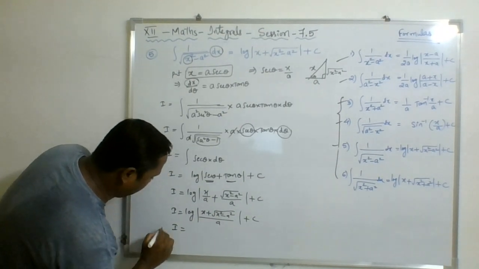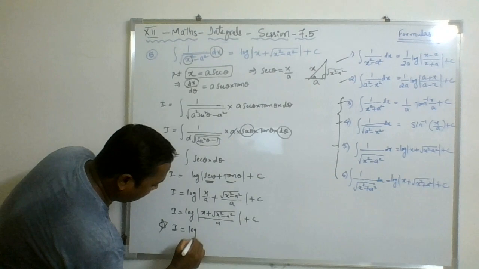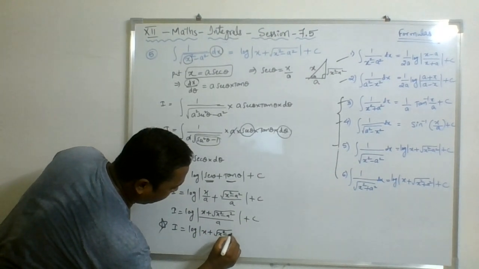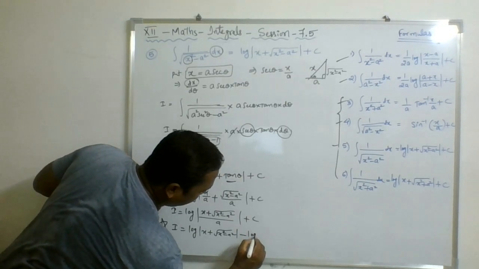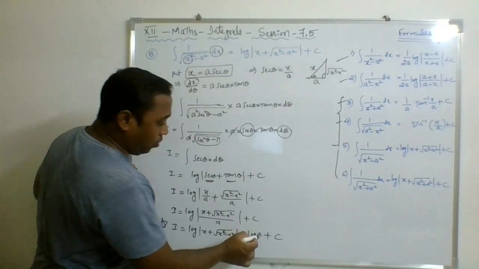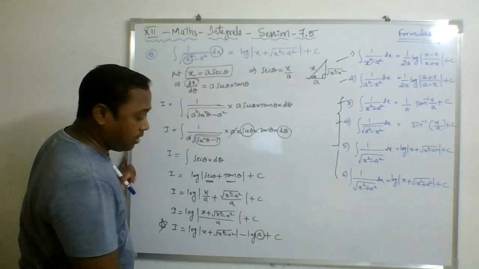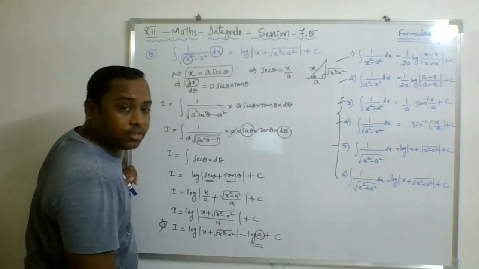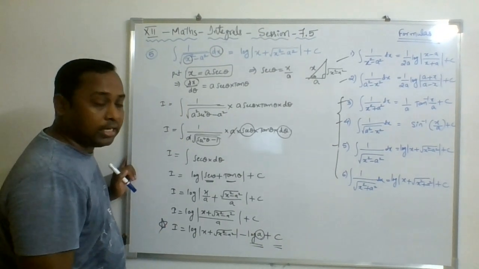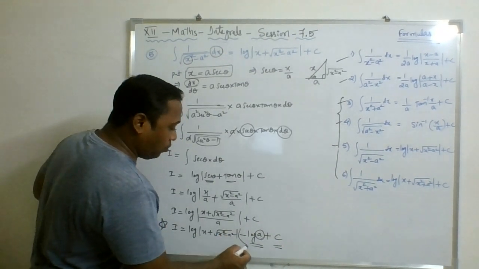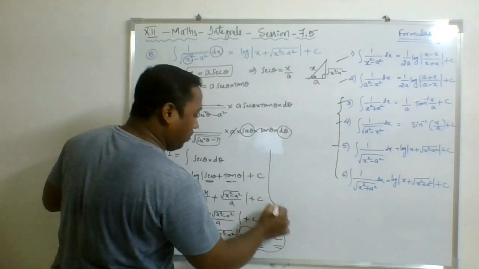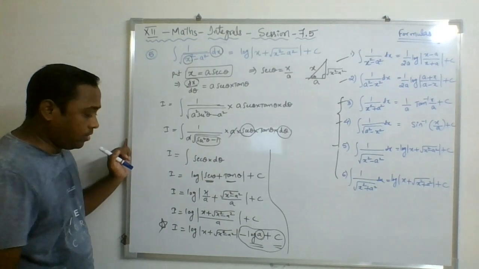So here the most important step, try to understand: log of the complete numerator minus log n plus c. But as you know, a is a constant, hence log a is a constant. So constant plus constant is again a constant. That's why no need to write two constants in the integral. Hence we reduce them into a single constant.